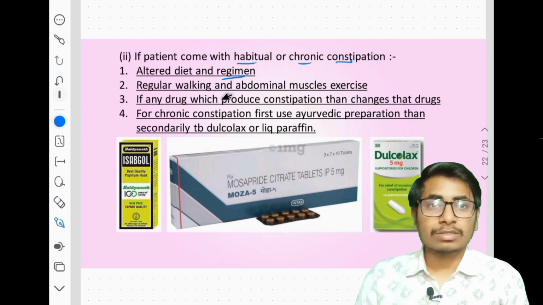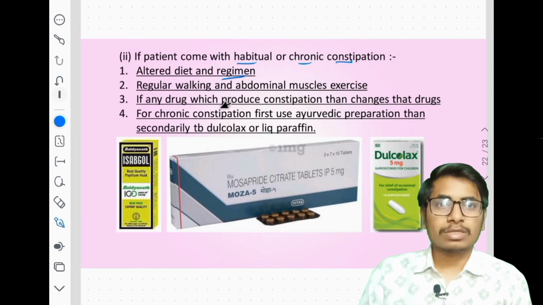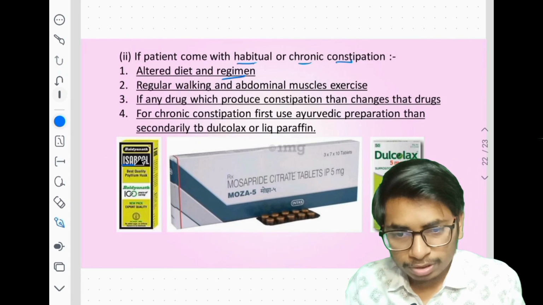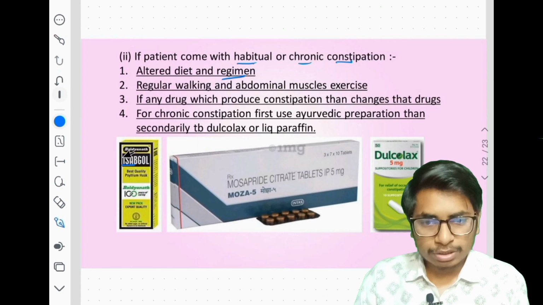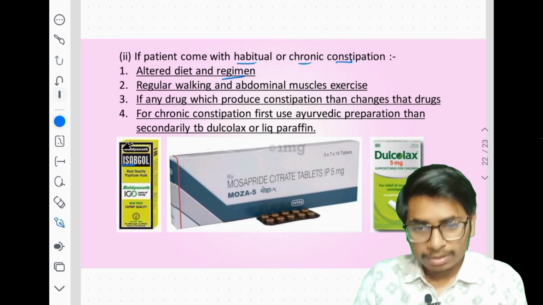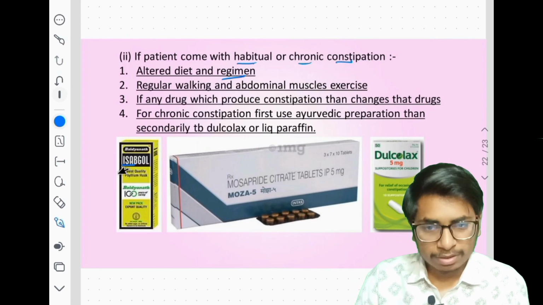Then if the person is not cured, only then do we use an allopathic preparation. For example, first we use isabgol, which is dissolved in water and taken with plenty of water, which produces evacuation of the bowel or relief from the constipation.